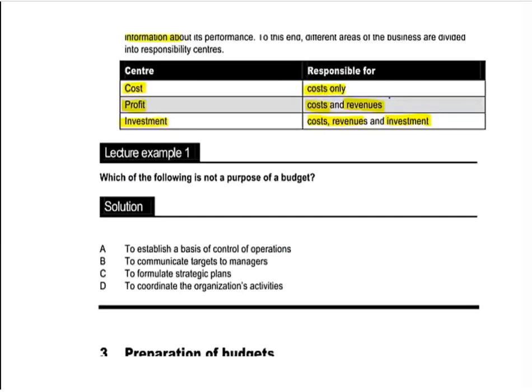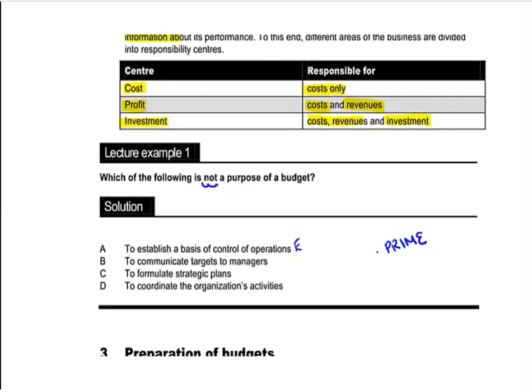In example 1, we're looking at one of the ways that this knowledge could be translated to a section A question by trying to think which is not a purpose of a budget. So if we're thinking then about the budgets and the planning and the control cycle, we can think about PRIME. So if we're thinking about a basis of control, so we're thinking there about the evaluation and control.